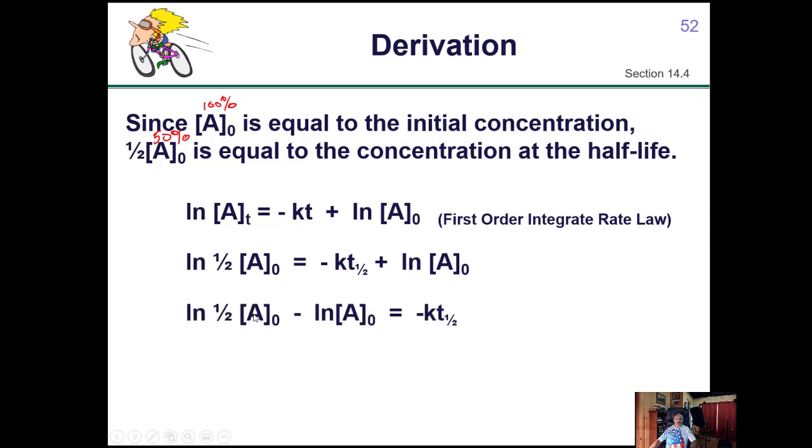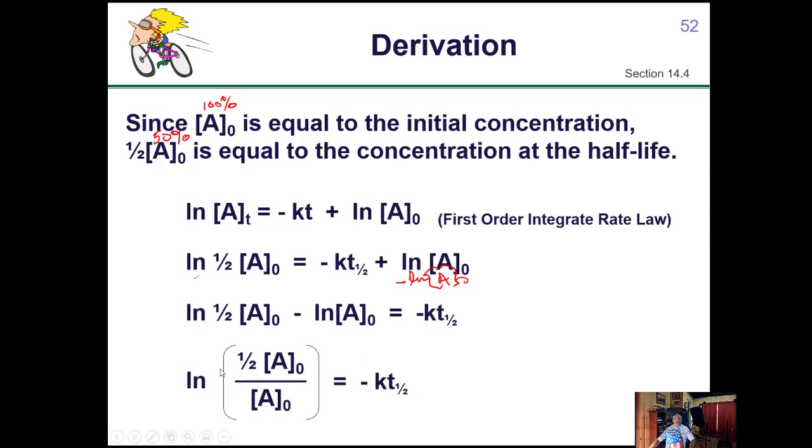So the natural log of 1/2 A0, and all I did was subtract the natural log of A0 from both sides. So this is just minus the natural log of A0. I subtracted it from both sides, and I wound up with the natural log of 1/2 A0 minus the natural log of A0 is equal to minus kt 1/2.